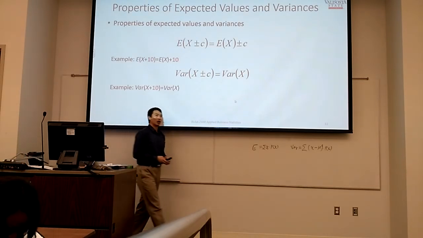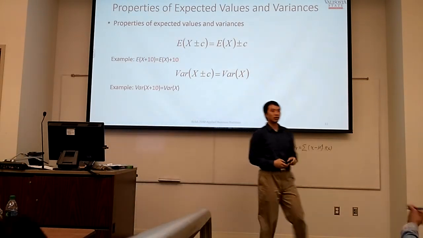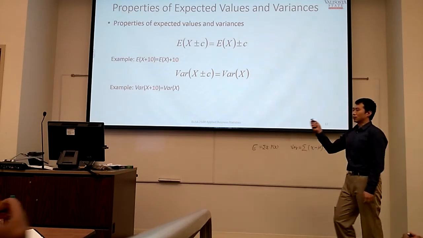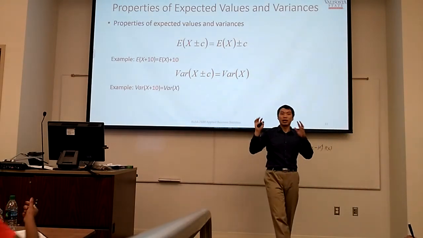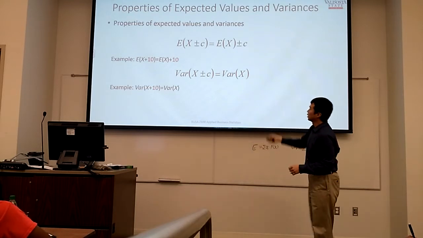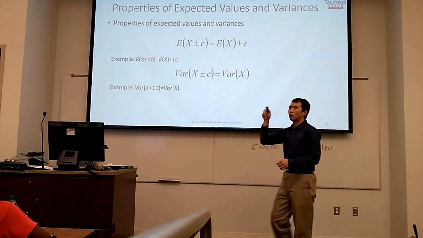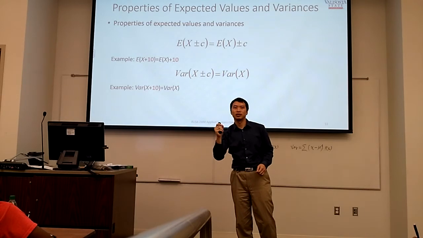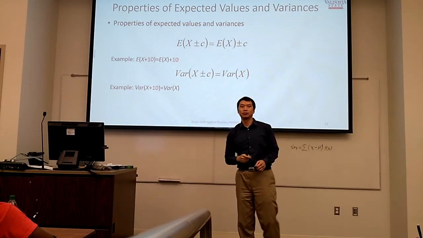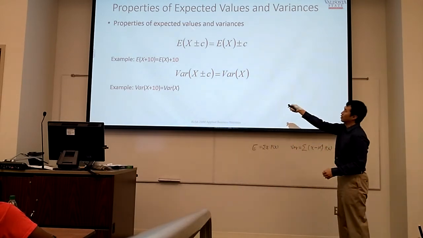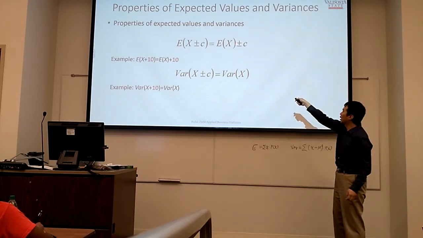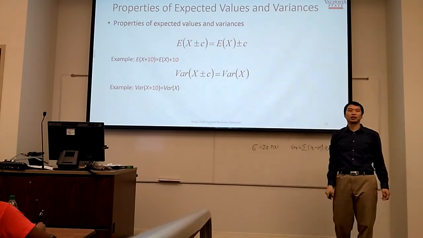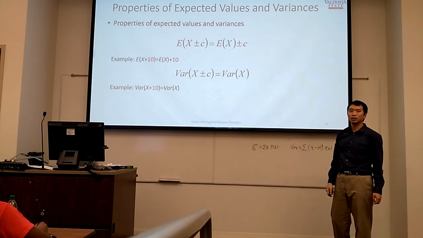Then let's talk about some properties. Okay? So regarding the expected value, so still this capital X, that's our variable, right? And if we plus or minus a constant from our variable, the expected value is equal to the expected value of that variable plus or minus that constant. Okay?